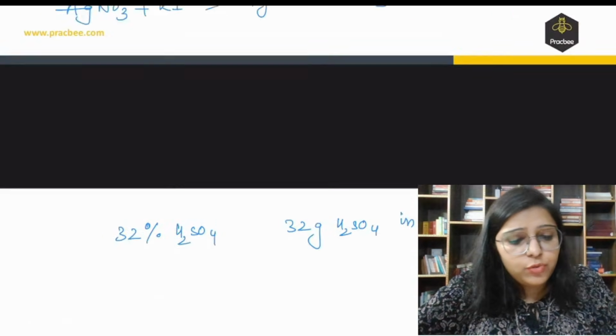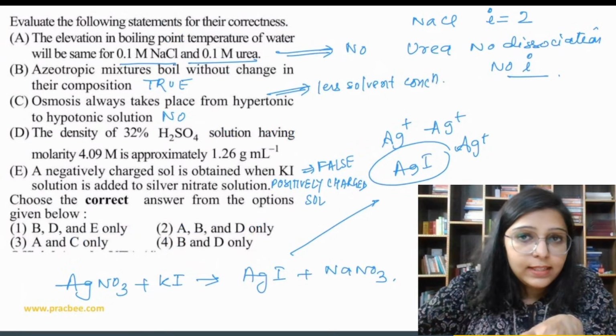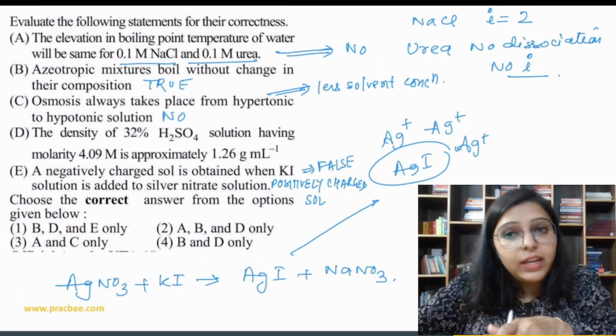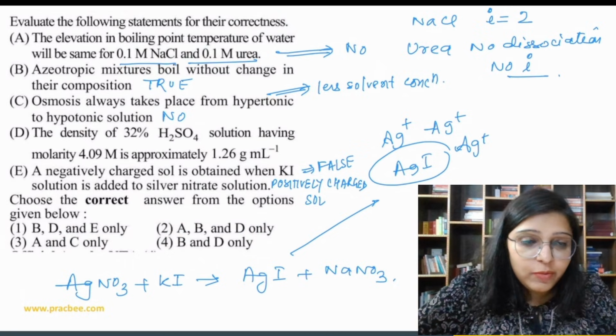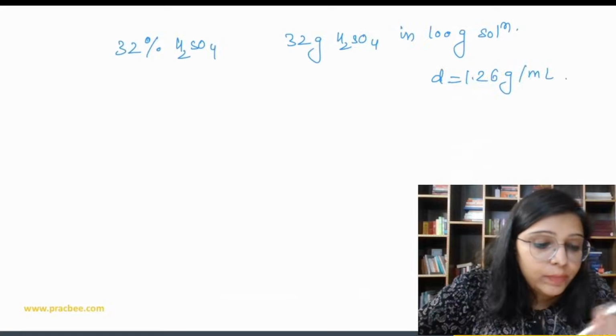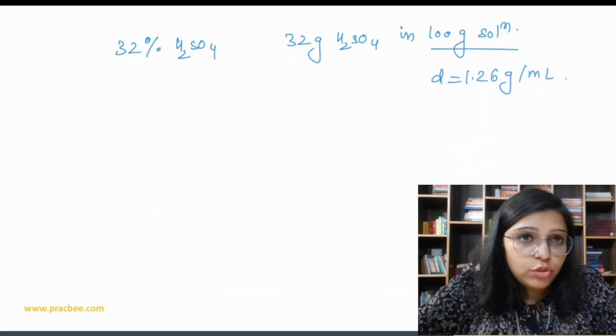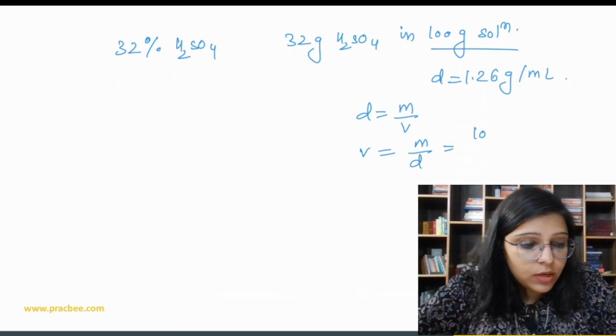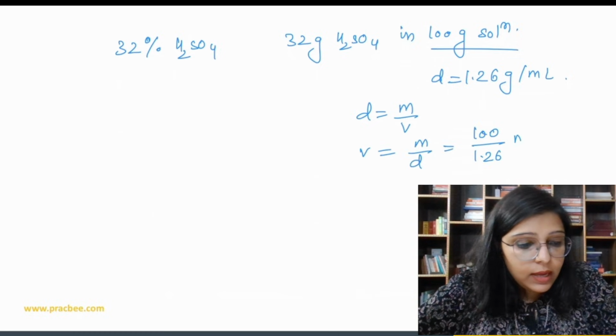We have to prove it. Either we take density and prove molarity is 4.09, or take molarity and prove density should be 1.26. So I am taking density. See, 100 gram solution, the density is mass upon volume. So volume is equal to mass upon density, which is 100 upon 1.26 ml.